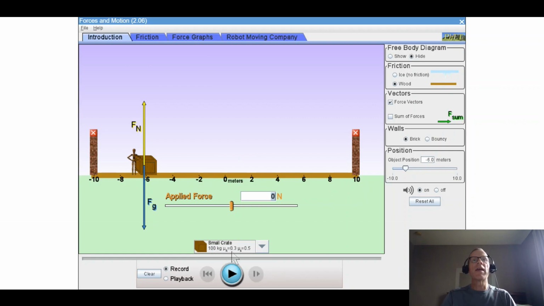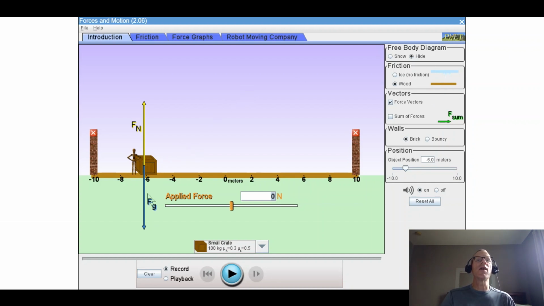The coefficient of kinetic friction between the crate and the ground is 0.3. The coefficient of static friction is 0.5. For some reason, they just have it starting at -6. That's certainly fine. And we can see the different force vectors.